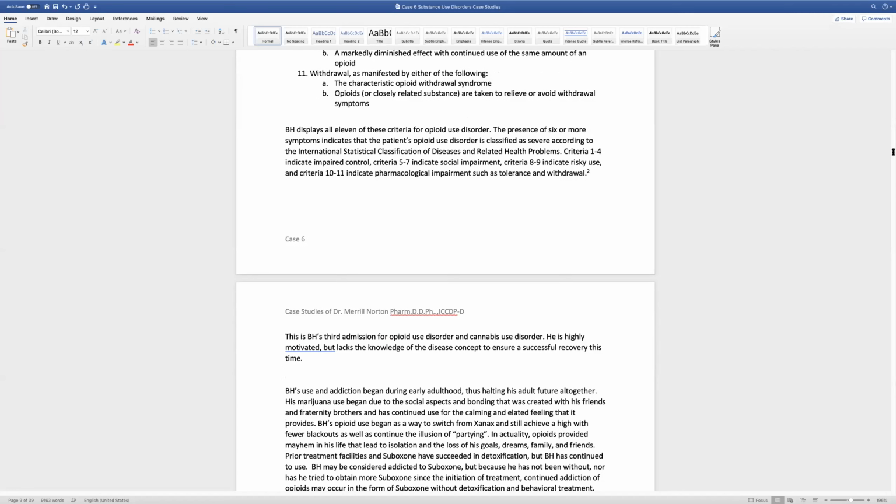But then this is his 3rd admission, and that's what I like about what y'all have decided. He is in a 2.5. This is the type of program that he's in. So what is a 2.5 going to give him that will be an advantage for him to try to recover from his opioid use disorder? What is the advantage of a 2.5?